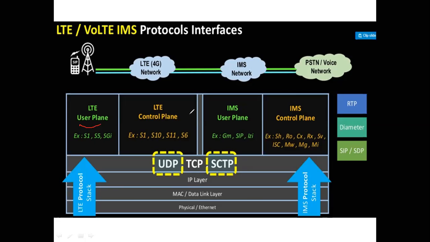Once I talk about SAE gateway, you need to include both the S gateway and P gateway. Only when you include both can we say SAE gateway in terms of telecom.